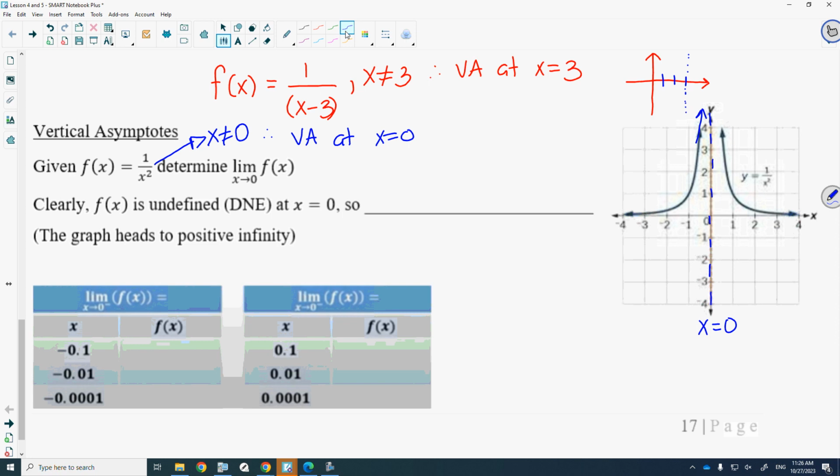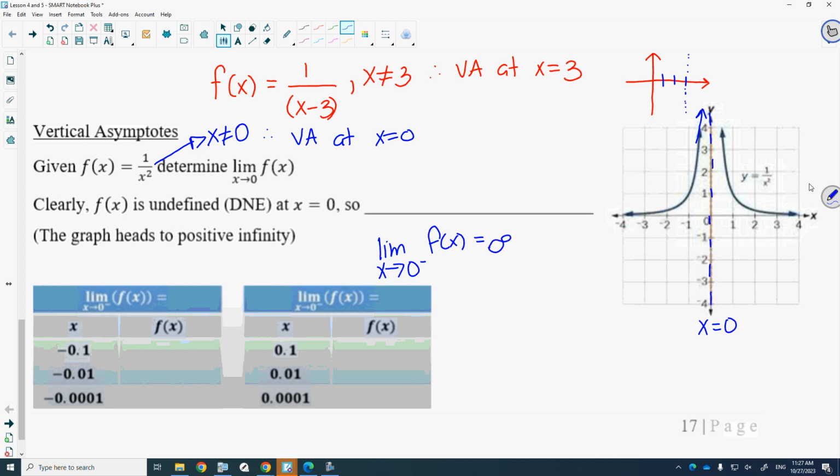So how we would write that by looking at this graphically is we would say the limit as x approaches 0 from the left. As we approach the vertical asymptote from the left, our graph is going to be approaching infinity.